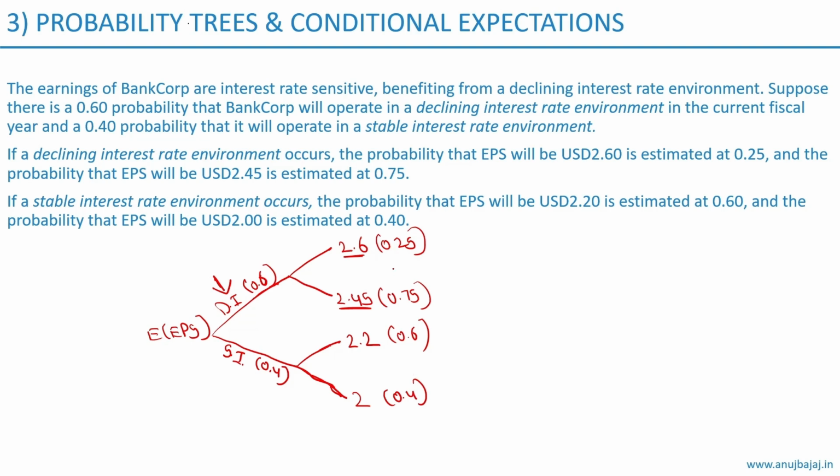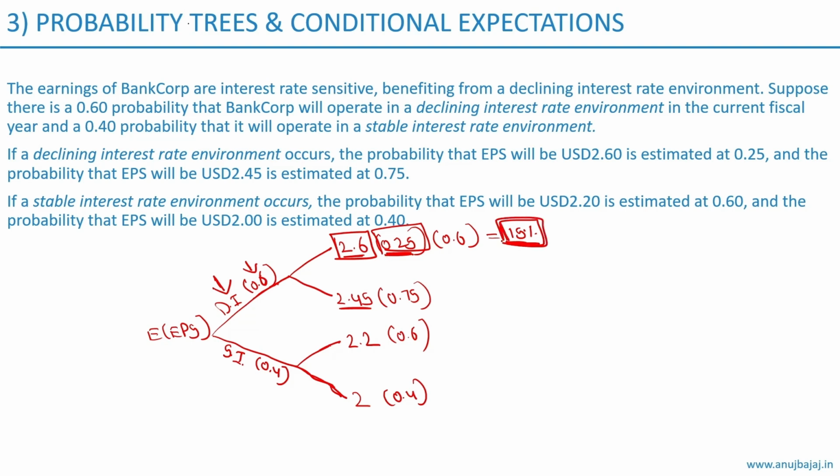So now we can multiply this probability, that is the probability of EPS being 2.6 given a declining interest rate environment occurs, by the probability that there will be a declining interest rate environment, which is 60%, and we get the probability to be 15%. So there is a 15% chance that the EPS could be $2.6, full stop. This 15% is now an unconditional probability, unlike this 25%, which was the conditional probability.